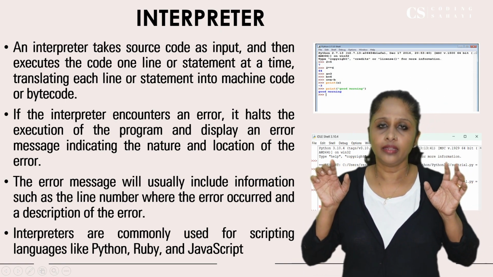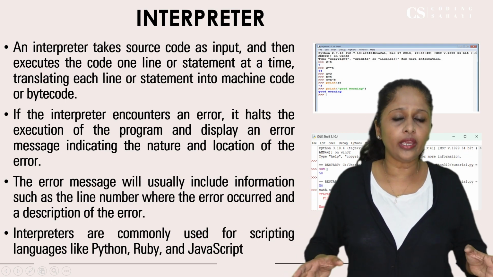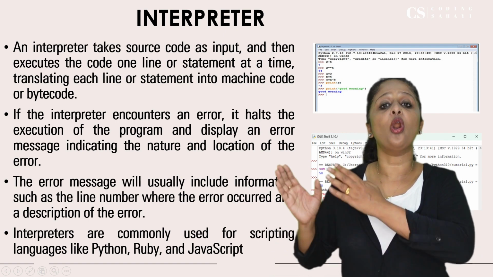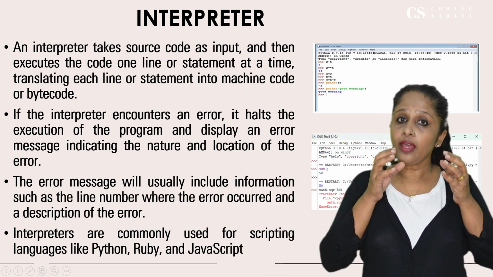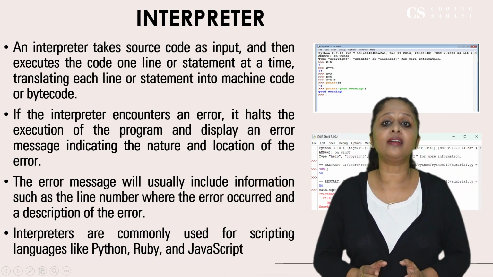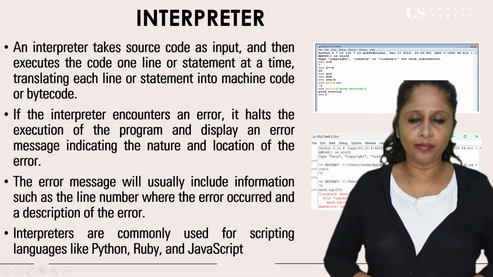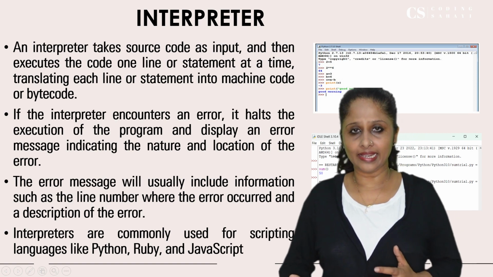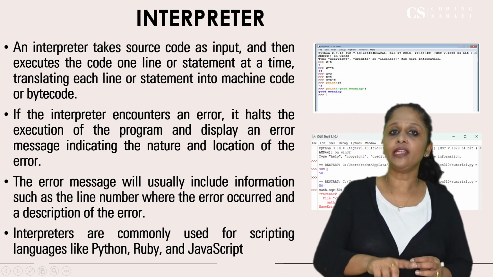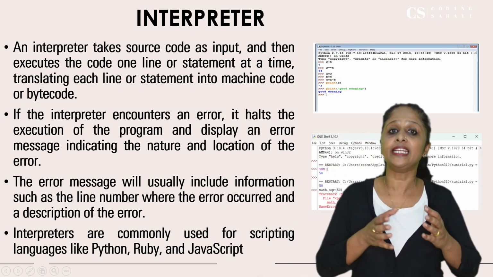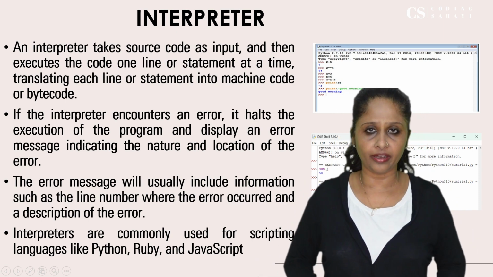It checks the line and if there are no errors, then it will be converted to its equivalent bytecode or machine code. If there are any errors, then it stops the conversion and it shows the error with line number. So you have to correct the syntax error, then only it will go to the next line. So line by line execution takes place in the case of an interpreter.